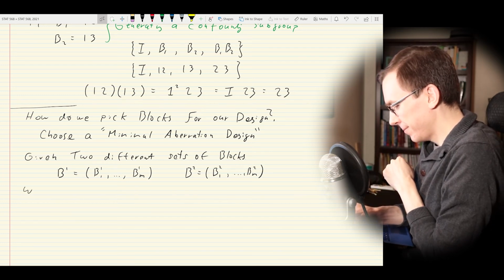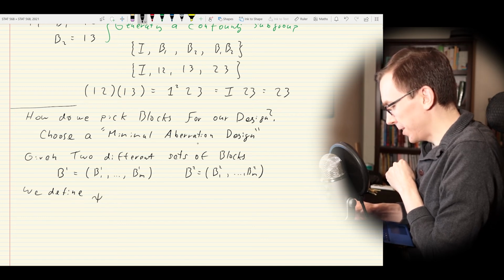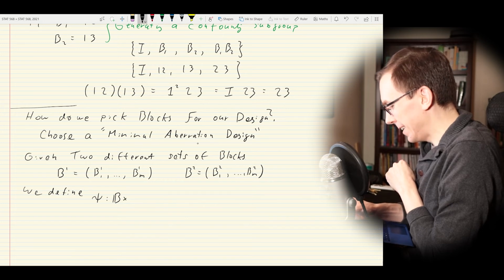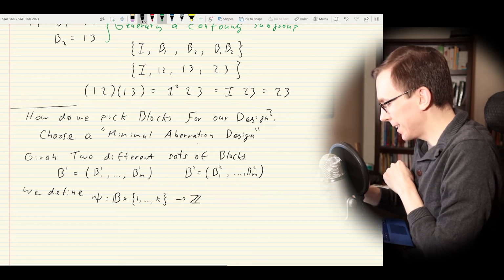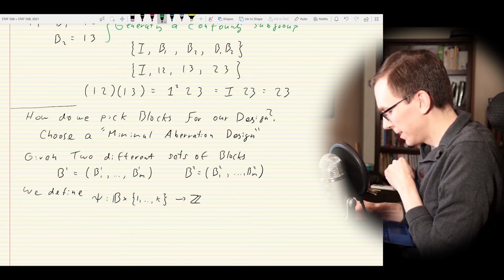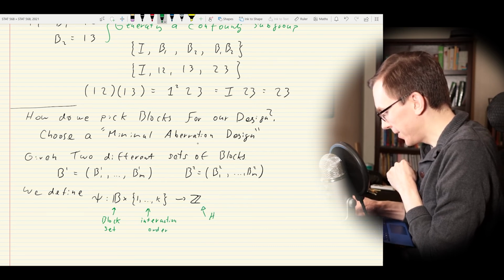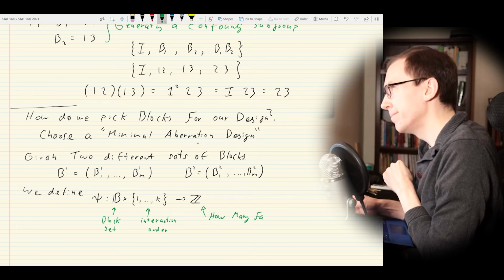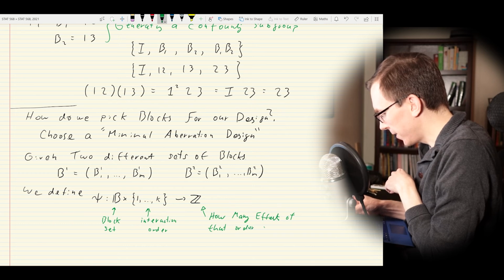Then we define a function, which, in the notation of my notes in the textbook, is psi, which is going to map blocking schemes and integers 1 to k into the integers Z. That looks quite nasty, but basically what it says is, given a block set and an interaction order, tell me the output, which is how many effects of that order are confounded.